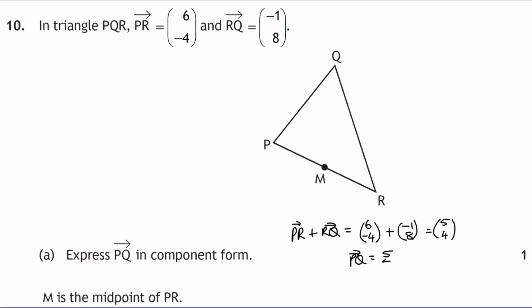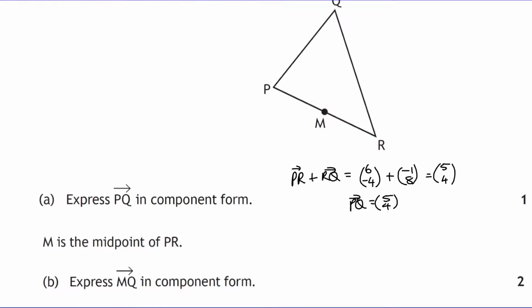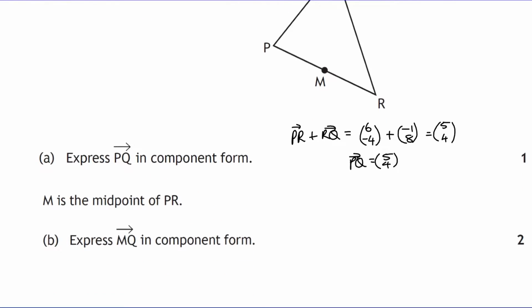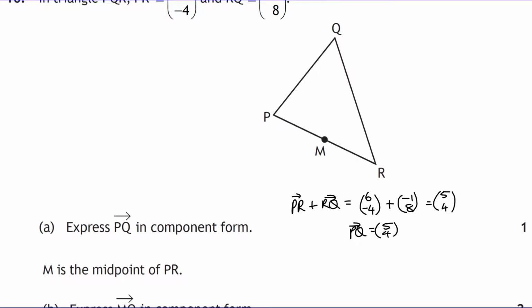equals 5, 4. Okay, so it's saying M is the midpoint of PR, so M is the midpoint of this line. Express MQ in component form. So it wants us to get from M to Q, and we've already gone from P to Q. So if we want to get from M to Q, then what we've got to do is realize that M to R is a half of PR.